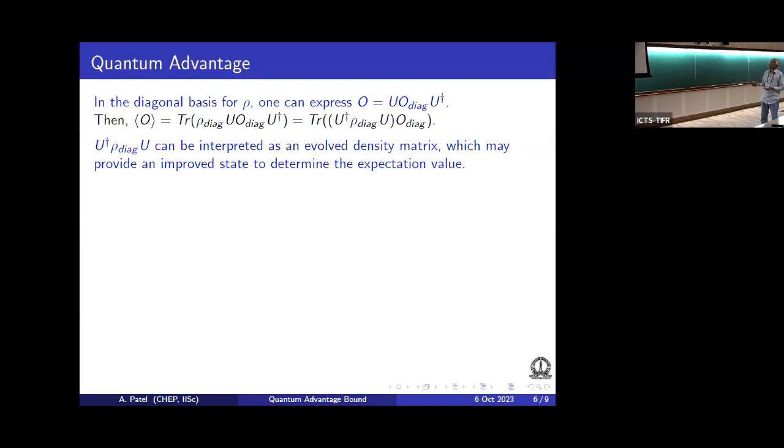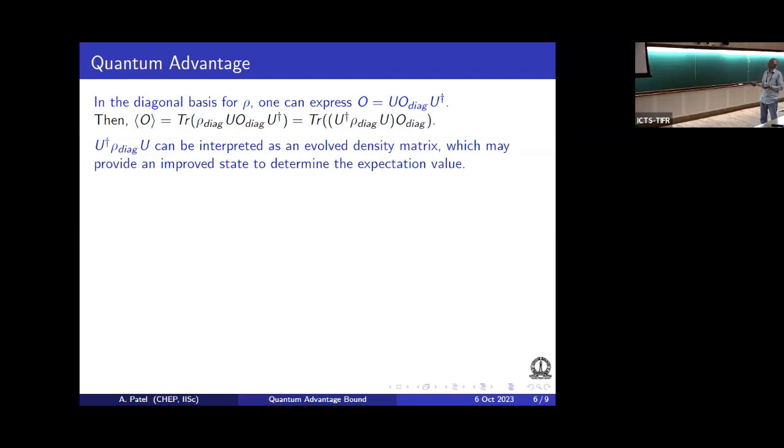How will you deal with this on a computer? Well, you can always define a basis in which the density matrix is diagonal, another basis in which the operator is diagonal, and the two bases are related by some transformation.